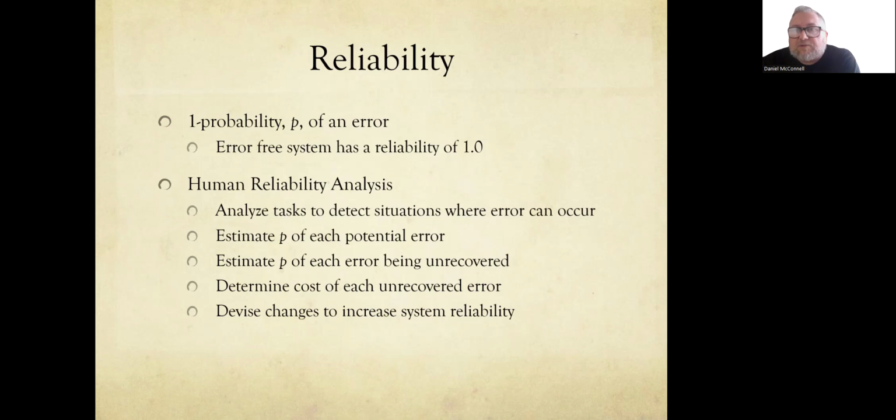I hope it's clear that we're going to subdivide these tasks into very granular details, every little step of the way where some piece of information has to be detected and a response has to be performed. And there's possibility of error at each one of these. Wherever we can identify the likelihood of an error, we can also try to do something to ameliorate that.